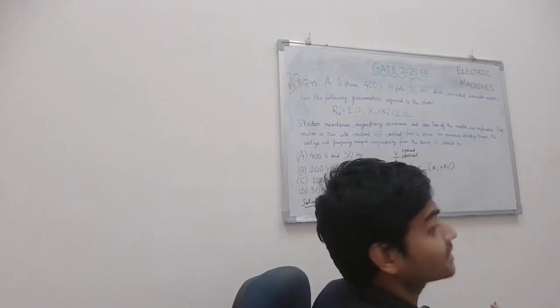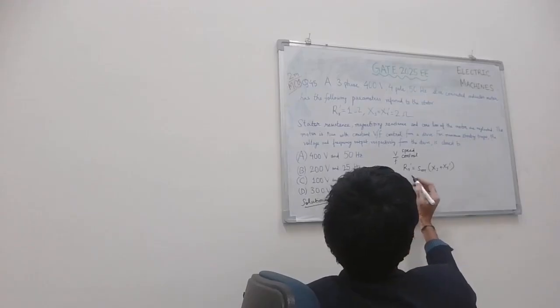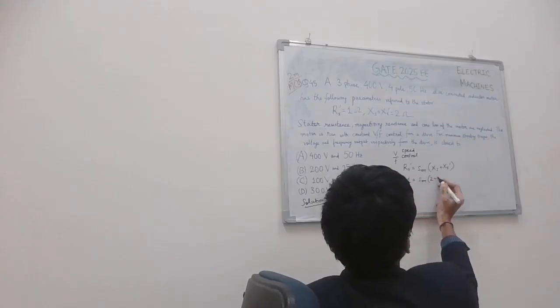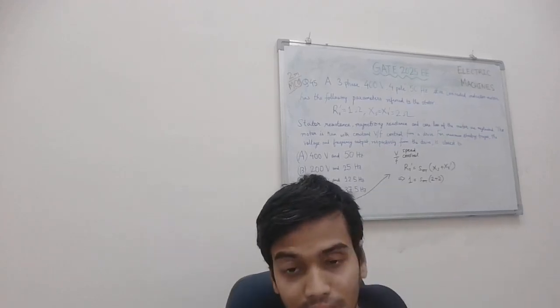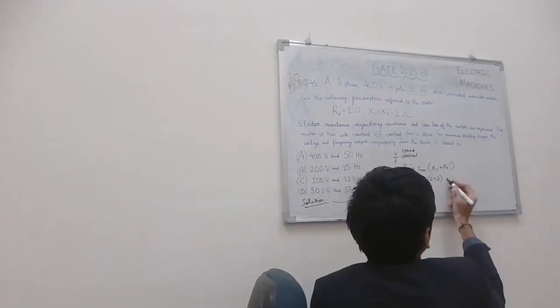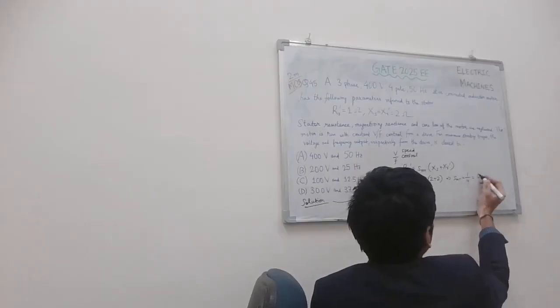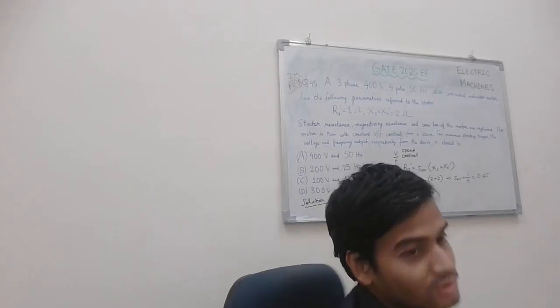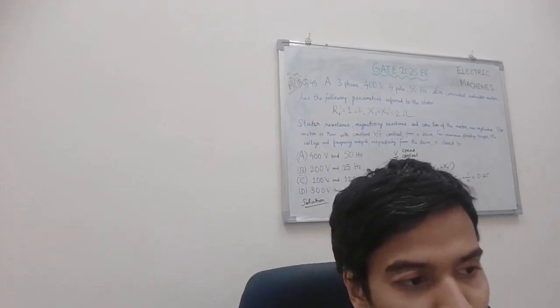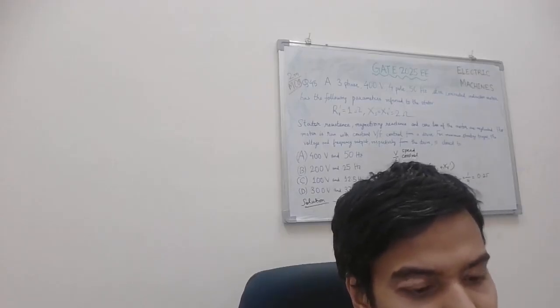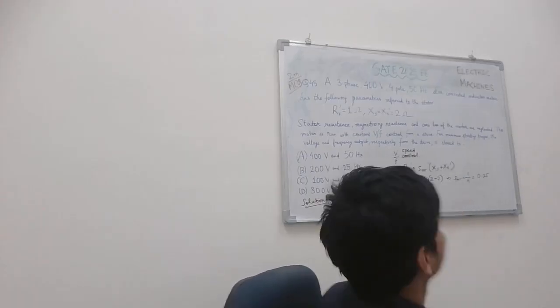Put the values and we get, so the maximum torque is obtained at a slip of 0.25.